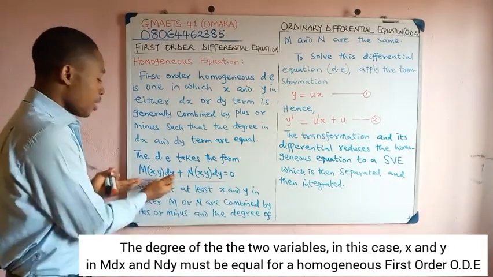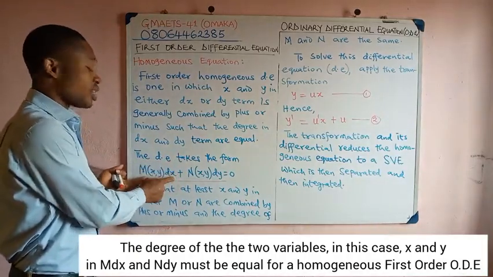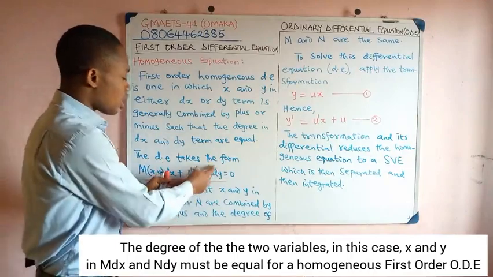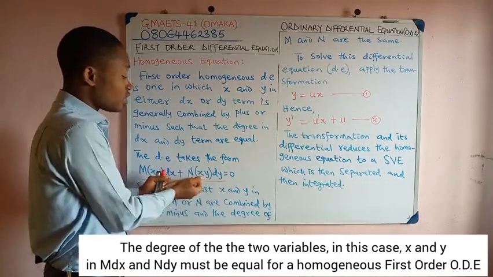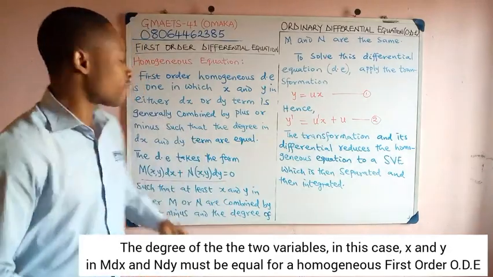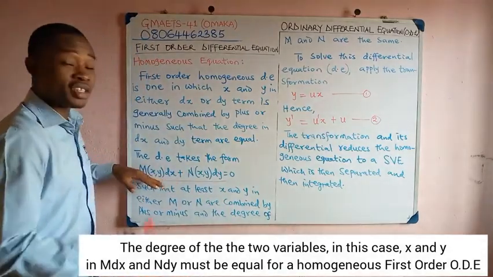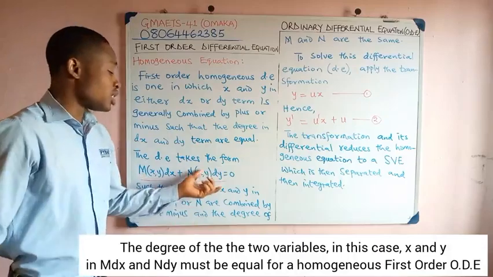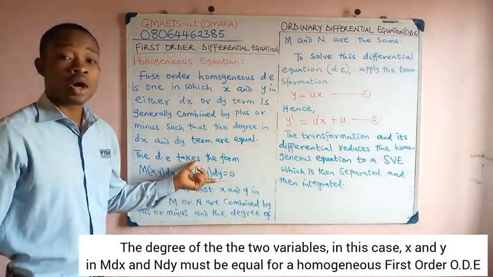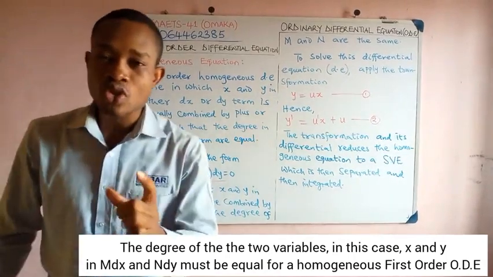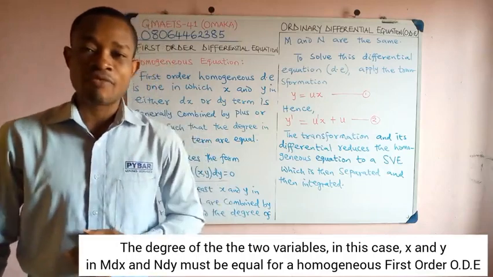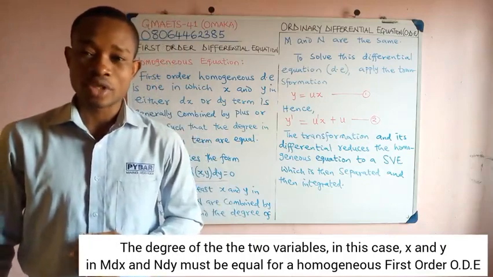It therefore means that the power of the variables altogether in this dx part, which is your function M, and the power in this dy part, which is the function N, must be equal. So if the degree in the dx part, the function M, is 2, the degree here will also be 2. If the degree here is 3, the degree here will also be 3. That is the absolute test for homogeneity of a first order differential equation.